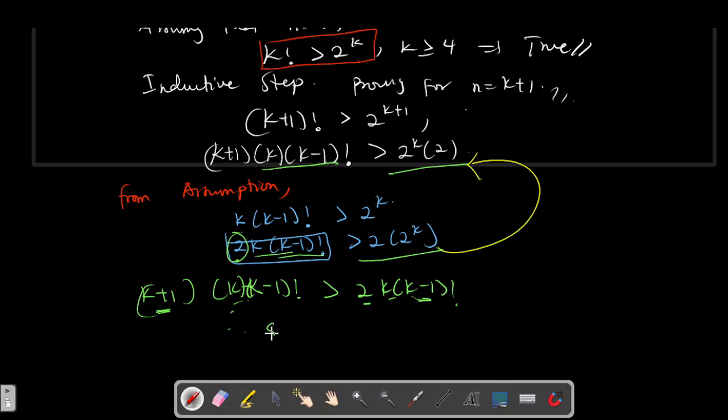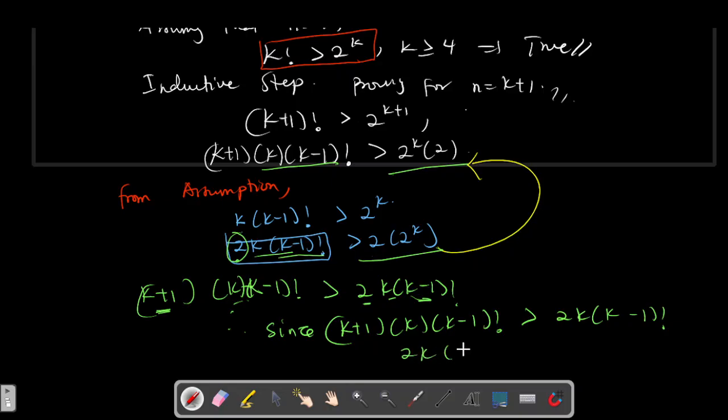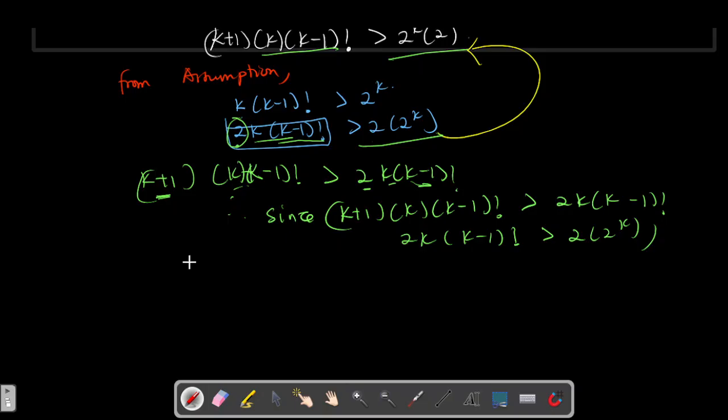Therefore, we say that since k plus 1 multiplying k minus 1 factorial is bigger than 2k k minus 1 factorial, and 2k multiplying k minus 1 factorial is also bigger than 2 multiplying 2 to the power k, then obviously we can say that the expression k plus 1 multiplying k minus 1 factorial is greater than 2 to the power k multiplied by 2. And therefore, our mathematical induction is proved.